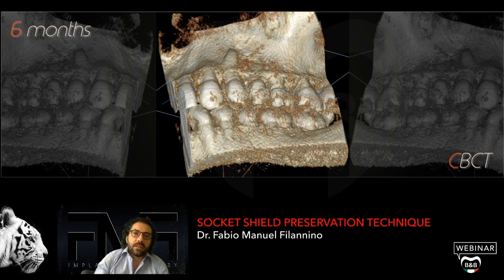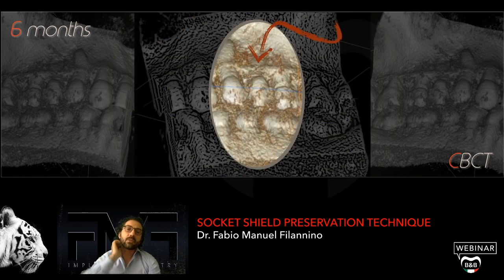Of course, here you don't see the root, but if you look from here and apically, you cannot really recognize, especially in this part of the bone that is peculiar to the patient, where the implant is. And this is for me the best characteristic that we have in this technique.